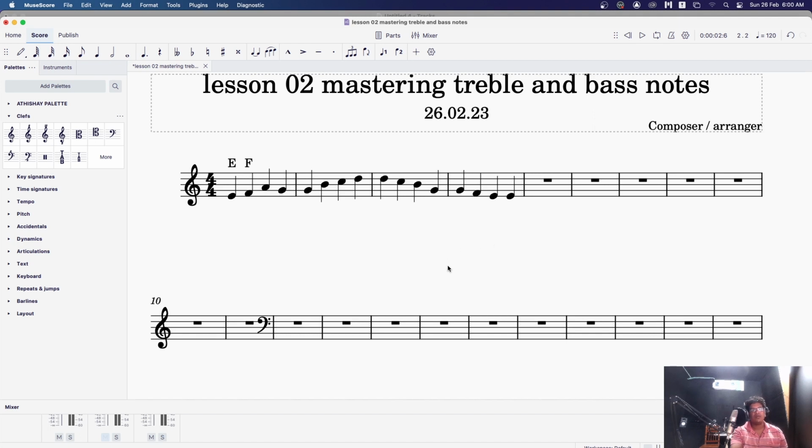Okay, now I hope you have tried something. I'll just give you the answers. What is this? This is the second space. What is the second space? Yeah, I heard you right. It's A. Okay, this is the second line. What is the second line? G. What is this? G again.